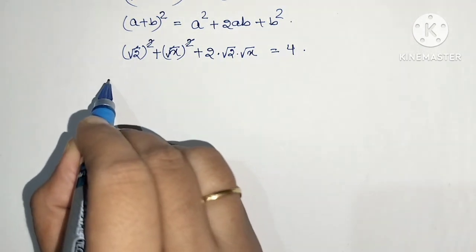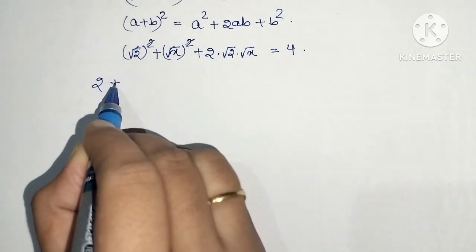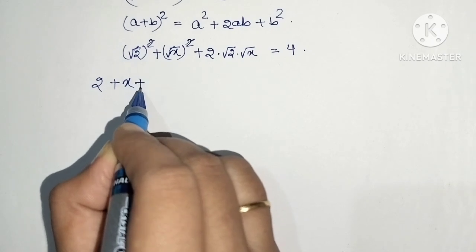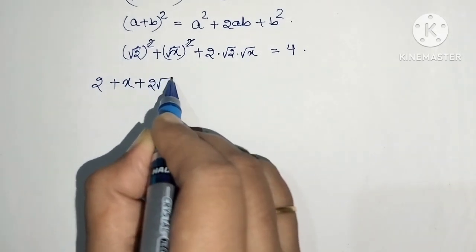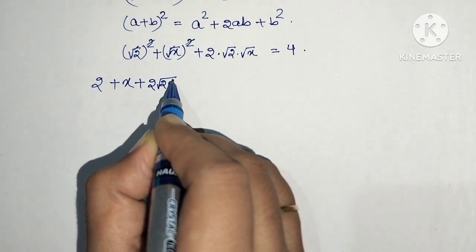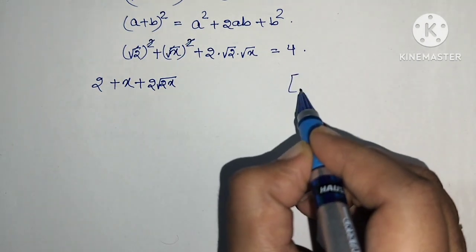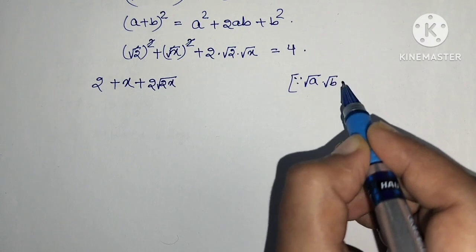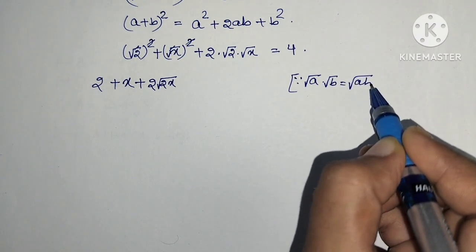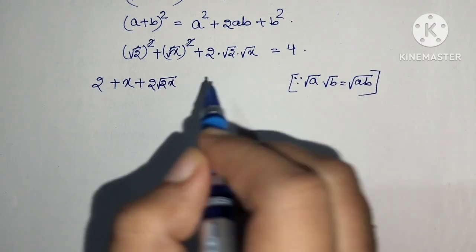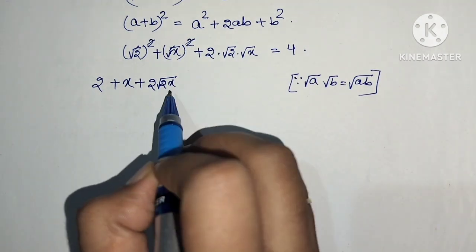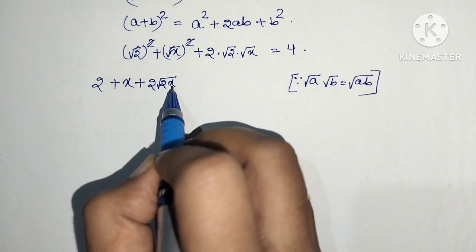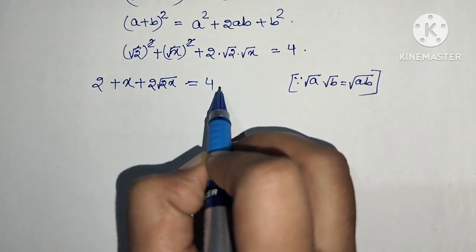Then here 2 plus x plus 2 into root x. We know the rule root a into root b is equal to root ab. Then root 2 into root x is root of 2x, equal to 4.